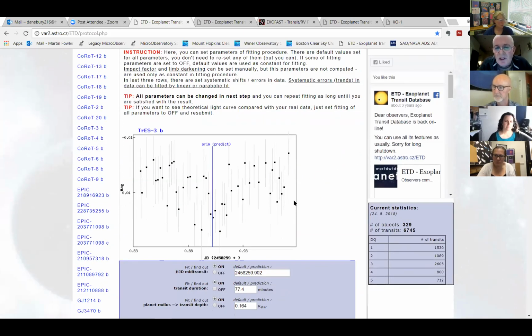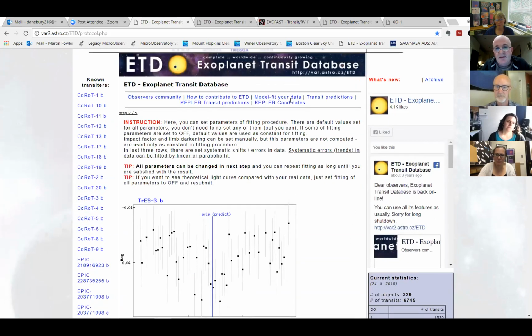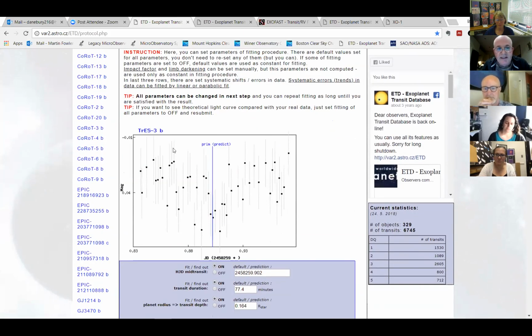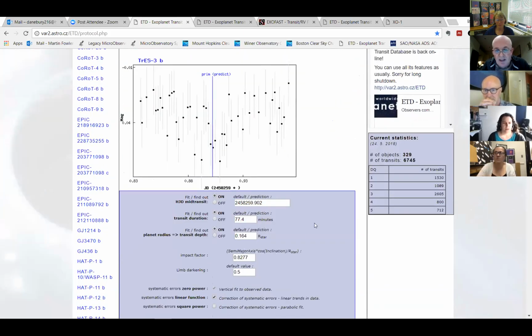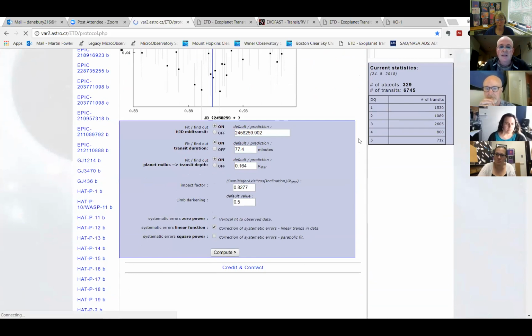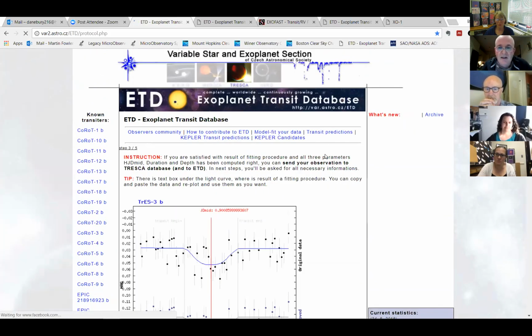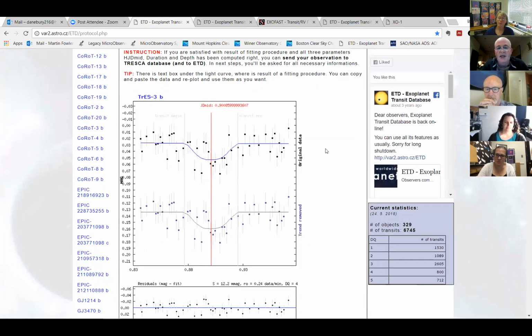It's not particularly brilliant. There is a hint of a dip, and this is actually when the predicted dip is. So I load the file up, I specify which planet I'm looking at, TRES-3, and lo and behold, the model behind it can actually produce a transit.